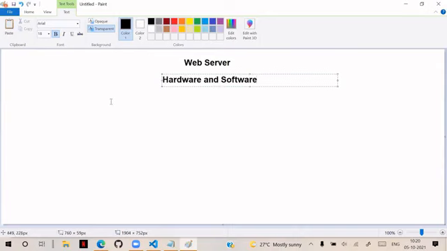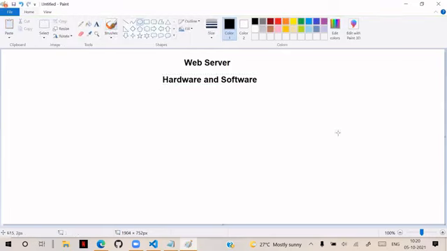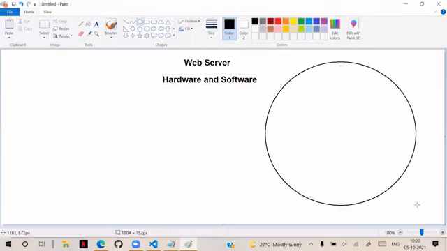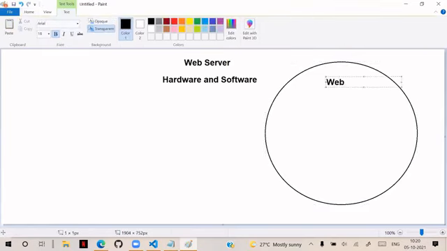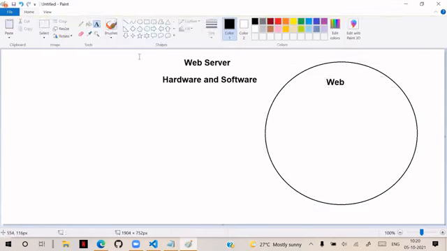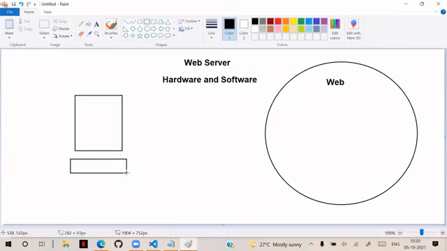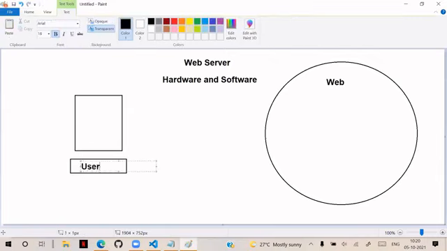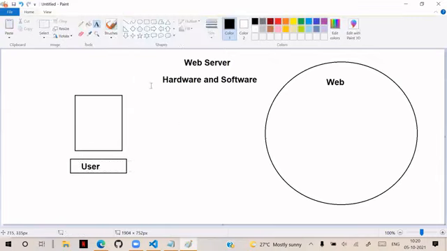I will show you a simple point. Actually, this is all the web. That means this is internet, and on internet we have web. Now we are the client. Client is nothing but user. Now very important here is I have to communicate with the web. Then who is responsible for this communication? This web server.